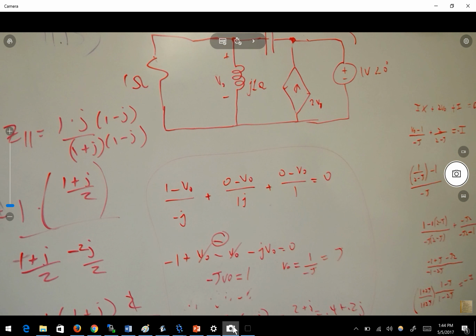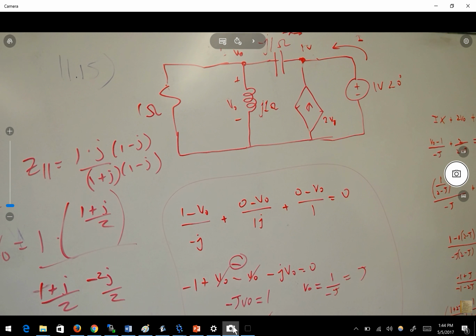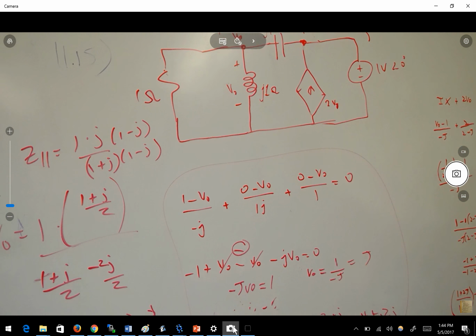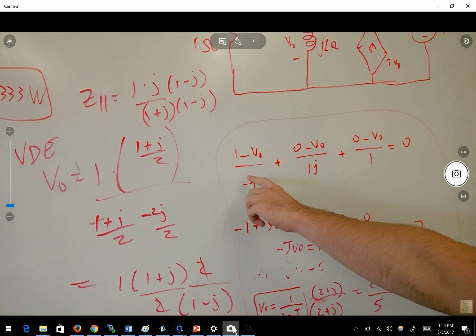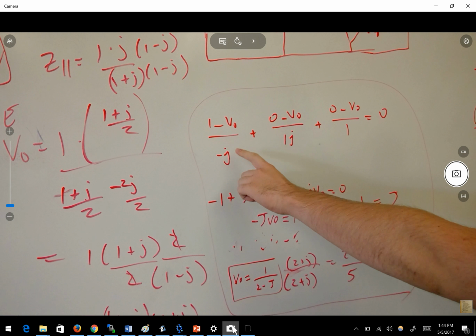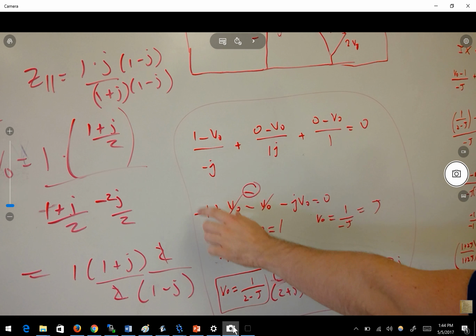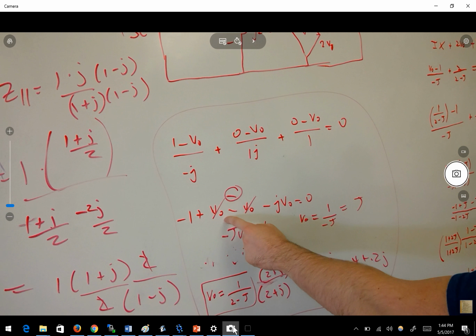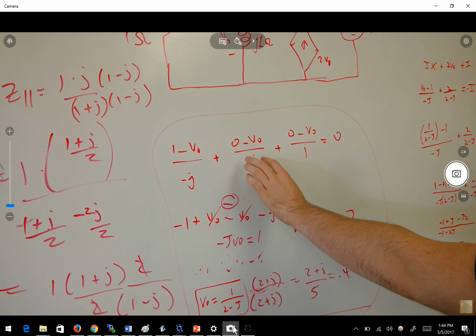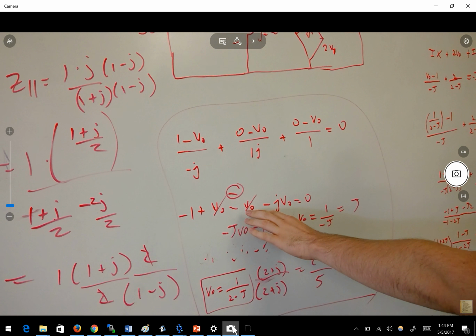So let's see. Multiplied by J here, that's minus plus, because we have a minus 1 under 1 minus VO, so that has to be minus 1 plus VO. Then here, we got rid of the J, so it becomes 0 minus VO, so it has to be minus VO.